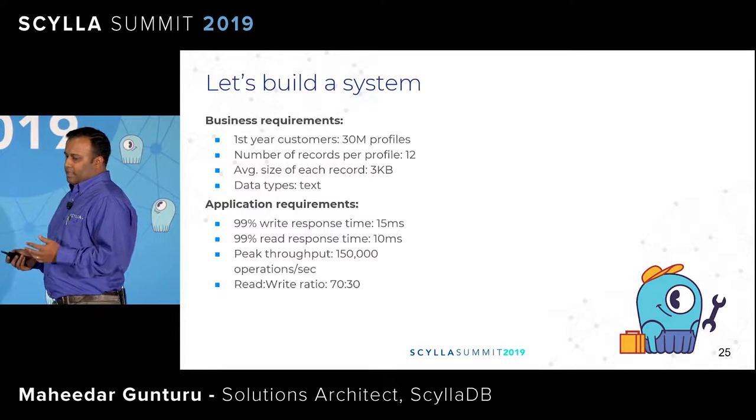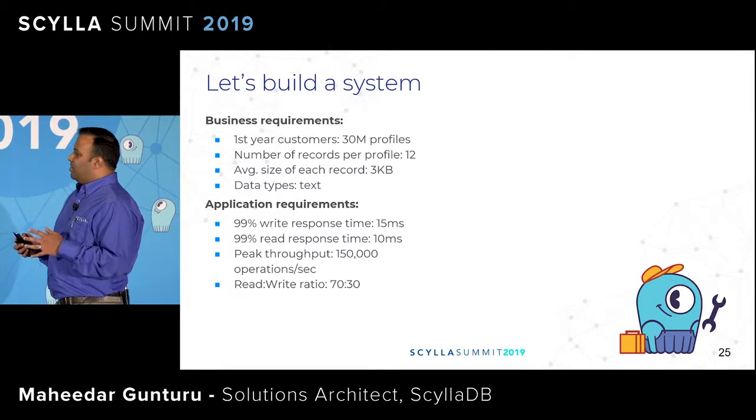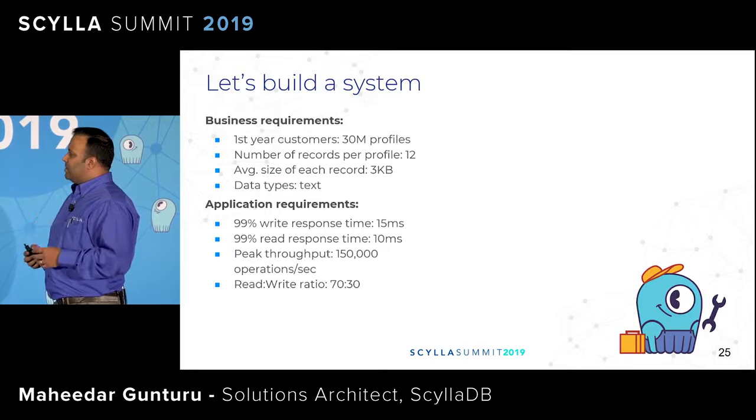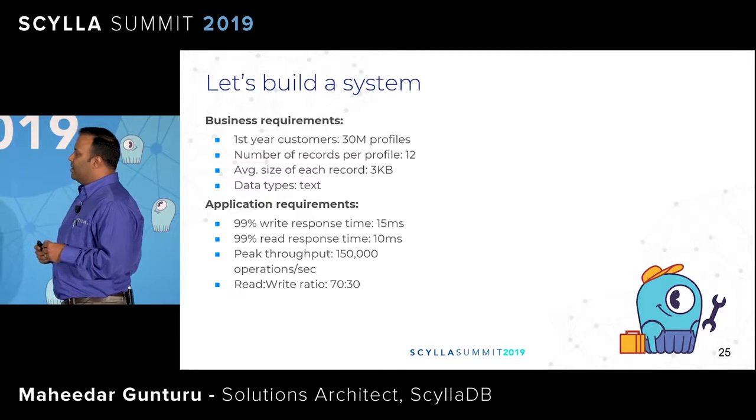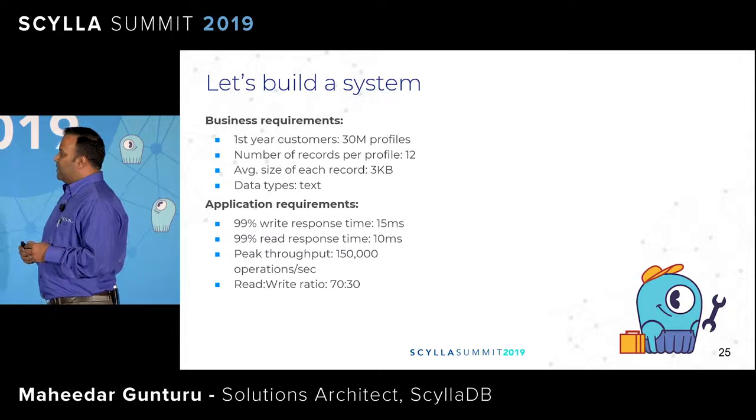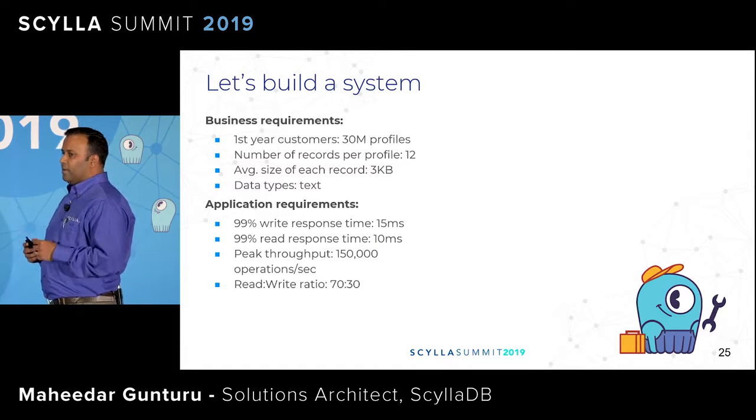And let's say we are very latency sensitive, and we want latencies around 12 milliseconds or maybe 10 milliseconds for reads, and 15 milliseconds, maybe a little bit more relaxed, for writes.